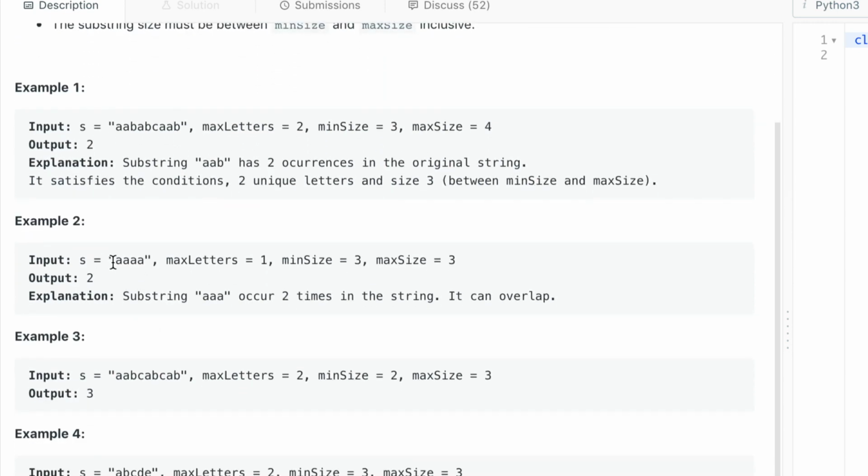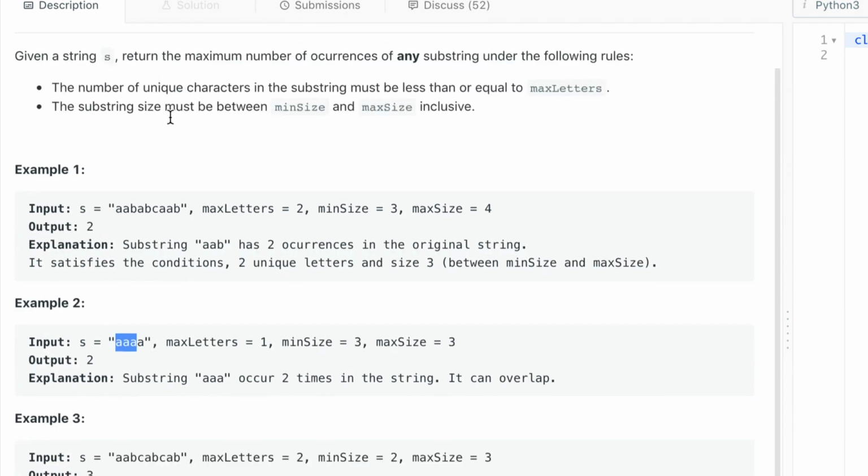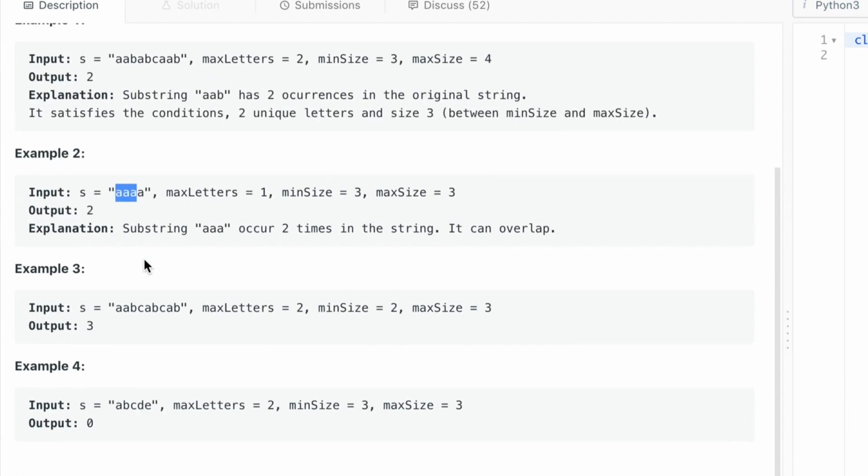If you look at this example, the string is AAA 3 times, and you could see here that they can overlap. And the number of unique letters is just 1, and the min size is 3, so AAA has size 3 and follows the rules, so that's good.